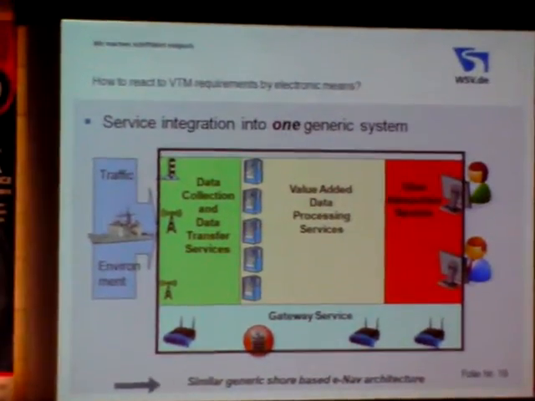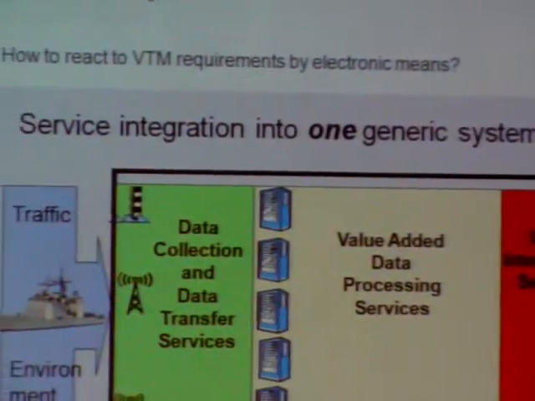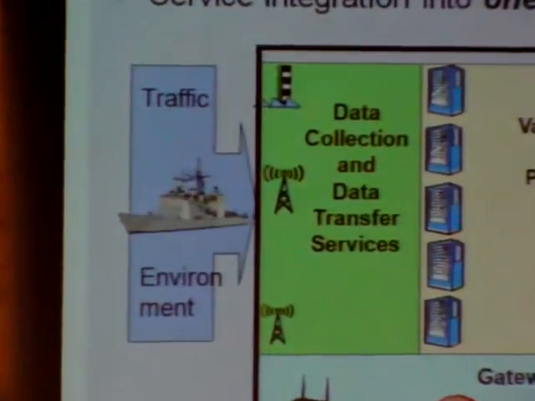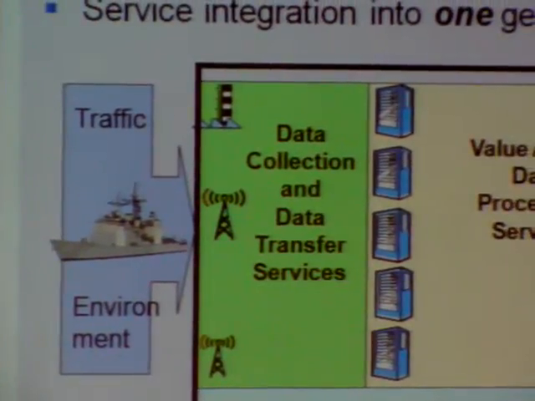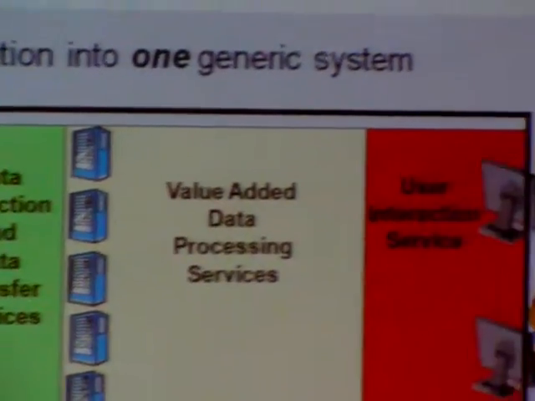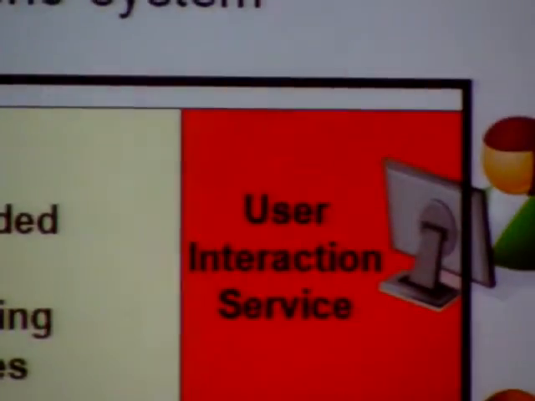So, then we have to do a final step. We integrate all that into one generic system: the data collection and transfer services, the value-added data processing services, the user interaction service, and the gateway service.